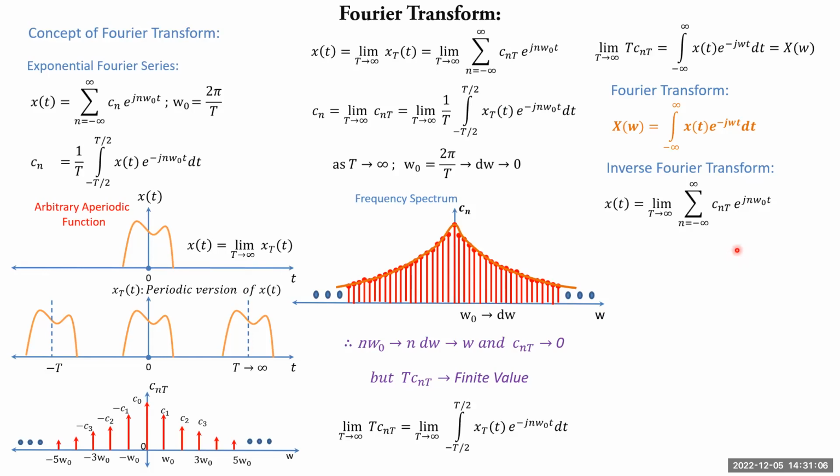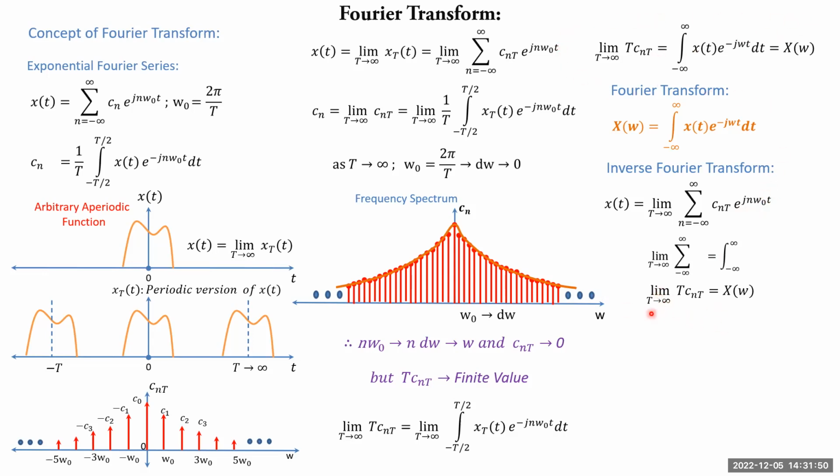Now here we have to apply this limit to the summation, where the summation is with respect to n. n is a frequency variable which indicates a harmonic of a sine wave. Since omega naught tends to d omega and the effective value of n omega naught becomes a continuous variable, the summation will become integration.